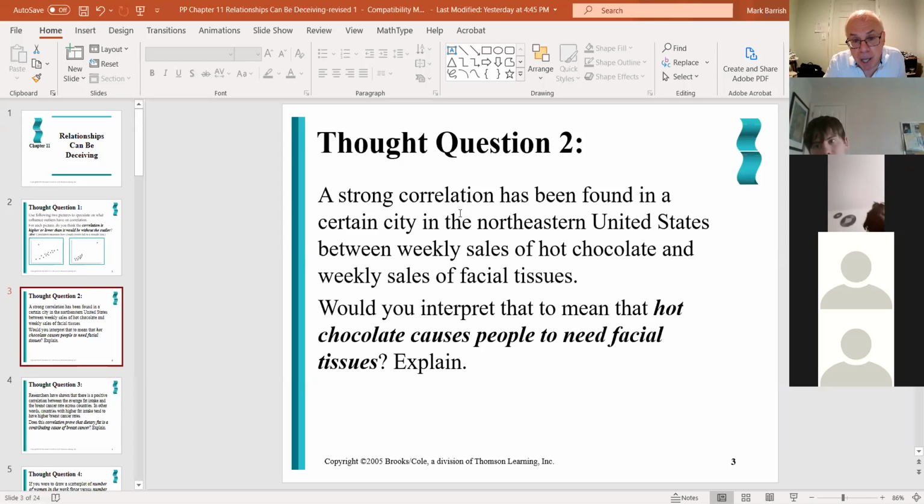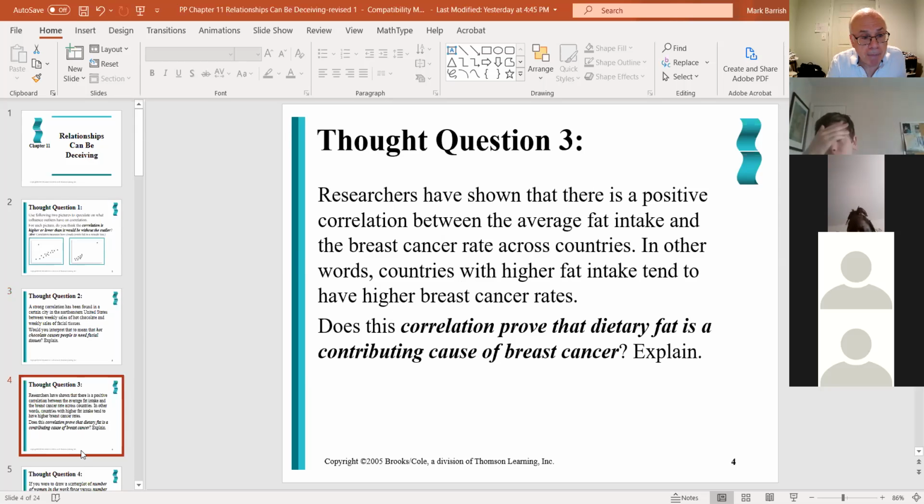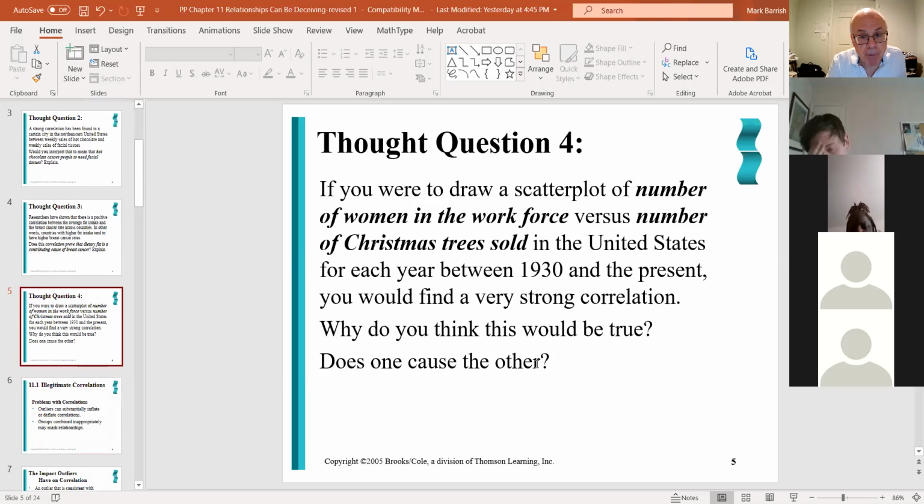Correlation does not imply causation. Another way of saying that is correlation means there could be a relationship there, but it may not be a causal relationship. It could be another variable causing both of them to occur in the same direction. Okay? That's a very important point.